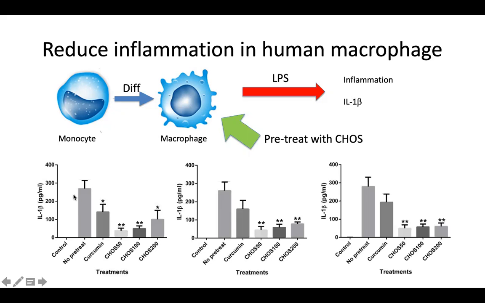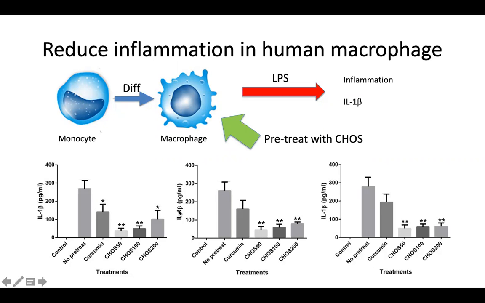So you can see in this graph, which we are about to publish, that if you don't pre-treat with anything, you will get inflammation, meaning you will release interleukin-1 beta. But if you pre-treat with something like curcumin or oligosaccharide, okay, you will see a reduction in the secretion.